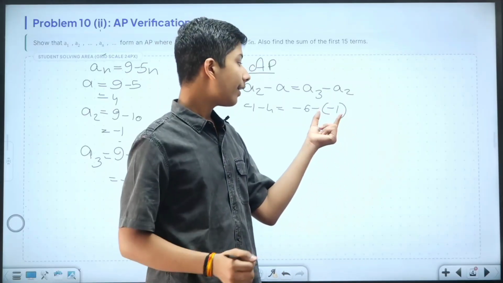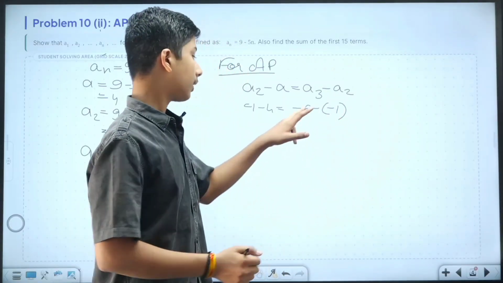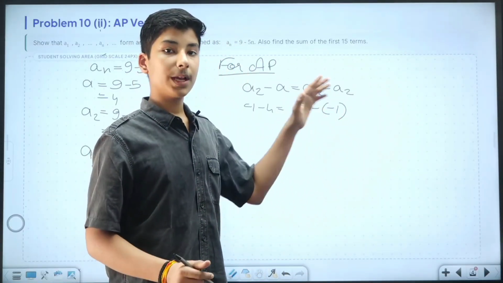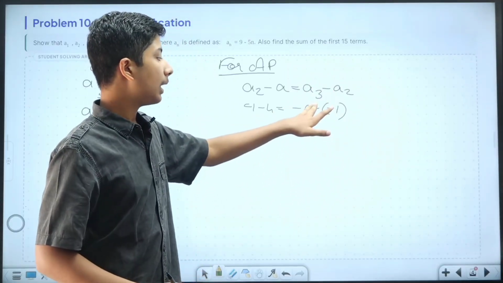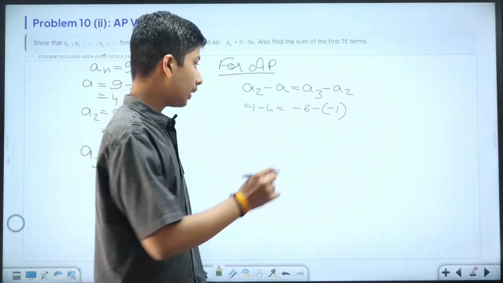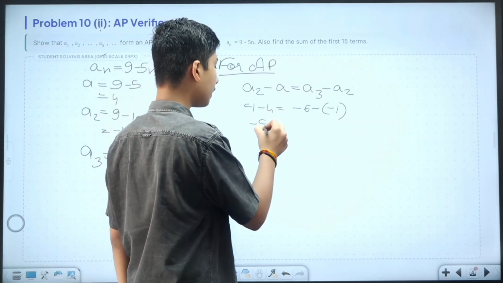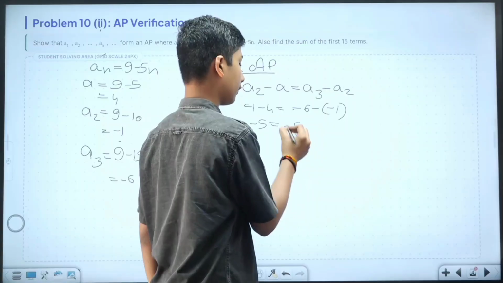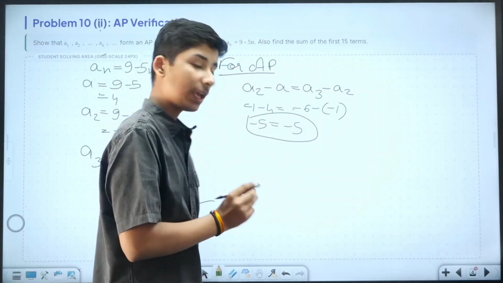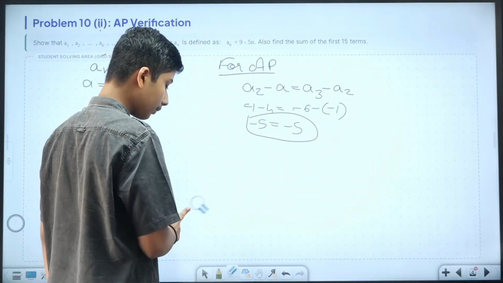Here we have to keep minus 1 in a bracket because there was a negative, and in the bracket we will keep the negative term, because after solving this we'll get positive 1, means plus 1. Minus 5 equal to minus 6 plus 1, which is also minus 5. This is forming an AP because the difference comes the same.